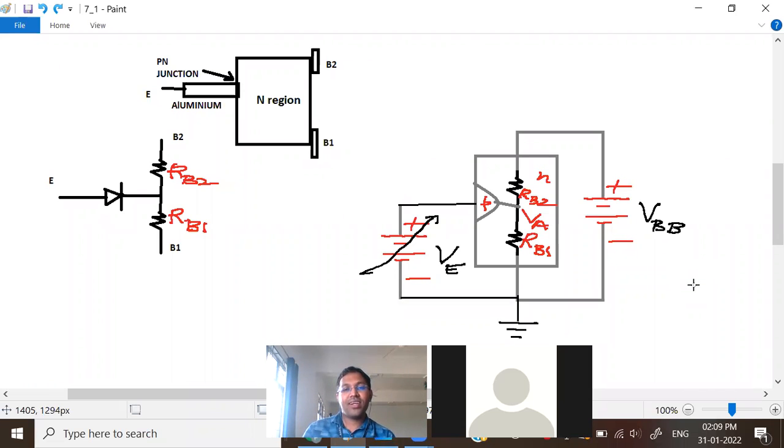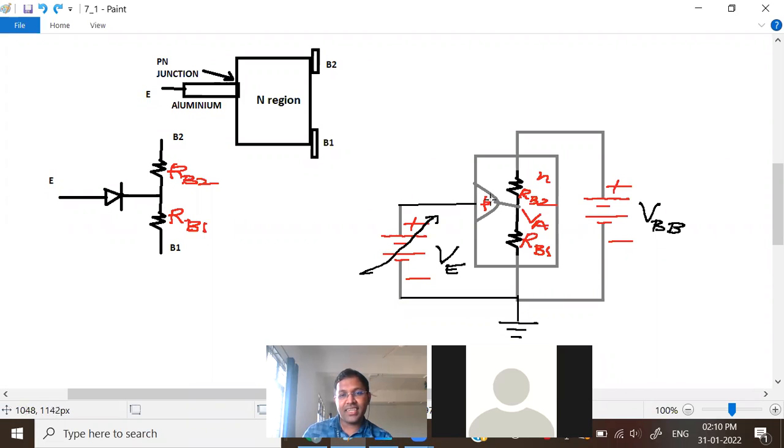So what we are doing: there is a PN junction, so we are putting P, and the entire remaining region is N region. The resistance of the N region we are representing by two resistors, one close to base 2 as RB2 and one close to base 1 as RB1. So we have a PN junction diode and two resistors.